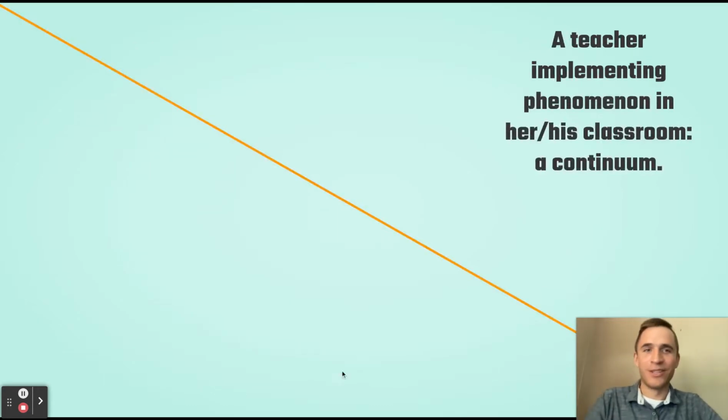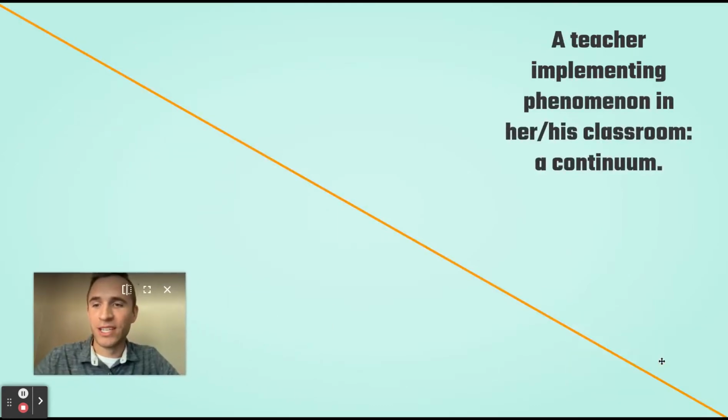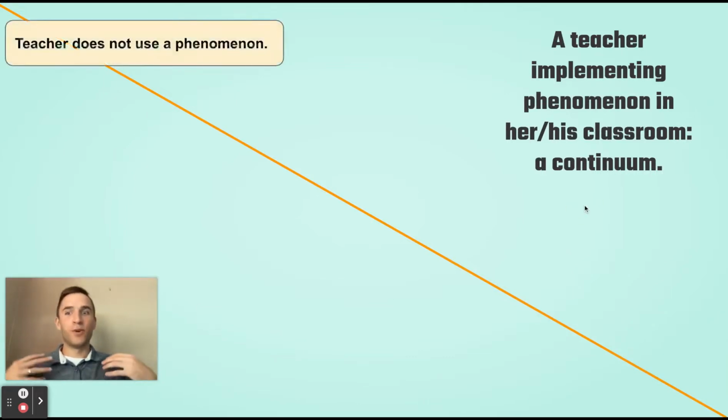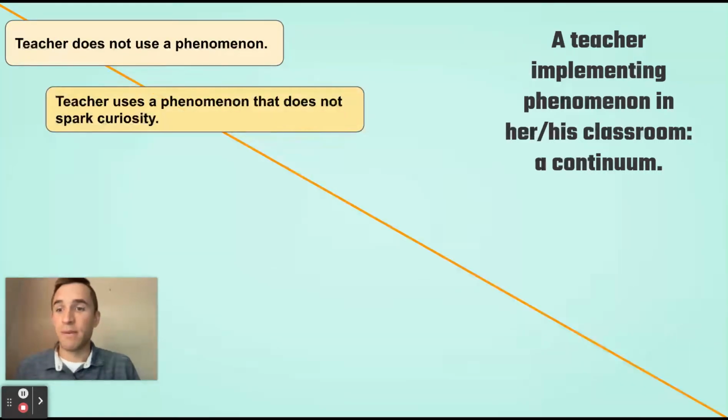Last thing I want to do is share a continuum of a teacher implementing phenomena in their classroom. A teacher who's brand new to NGSS likely does not use phenomena in the classroom. Once you start learning and applying some of this knowledge, you'll use a phenomenon, but maybe as you get going, your phenomenon doesn't spark a lot of curiosity in students, right?